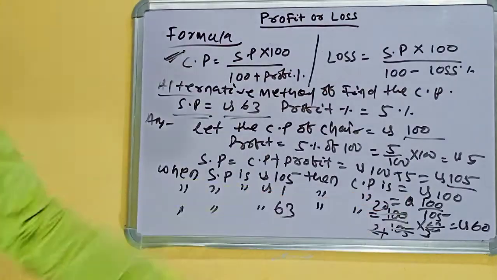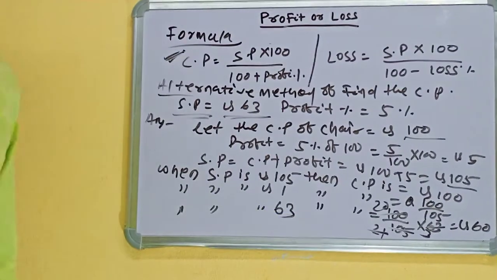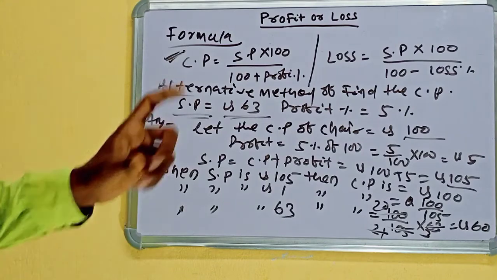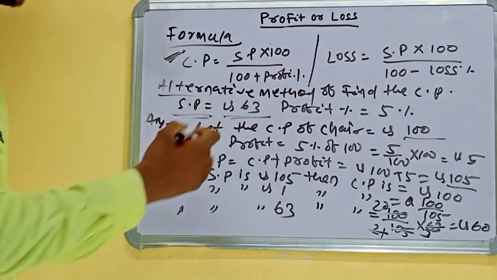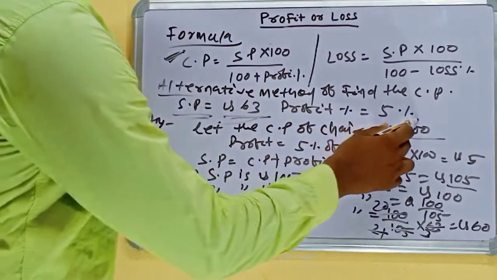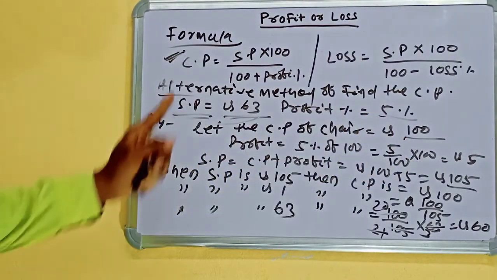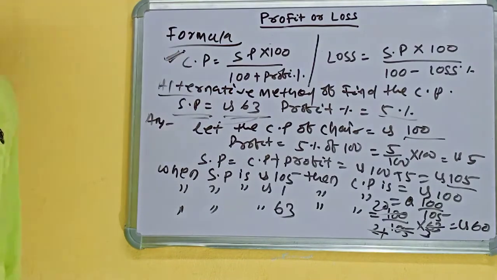In this way, we find the CP is equal to rupees 60. It is the alternative method of finding the CP when SP and profit percentage are given, without applying this formula.